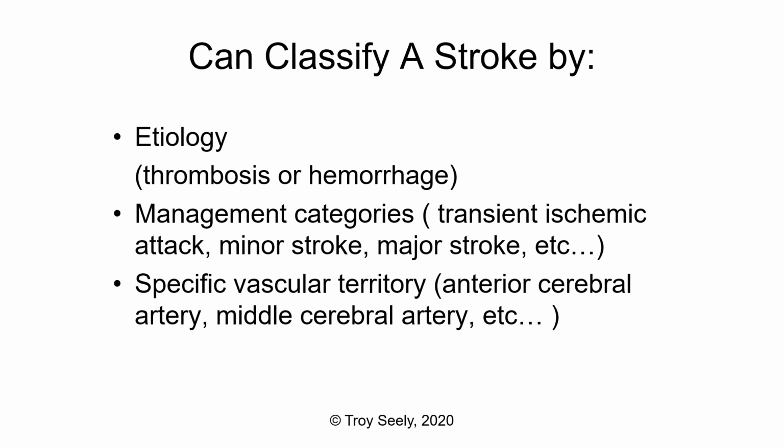It's not uncommon that you use more than one of these to categorize a presentation of a stroke. So the location where it happens, such as the particular vascular territory, the degree or significance of it, so whether it is minor or major, as well as the cause, the etiology, be it a thrombus or hemorrhage. All these are relevant in terms of what presentation we are working with.